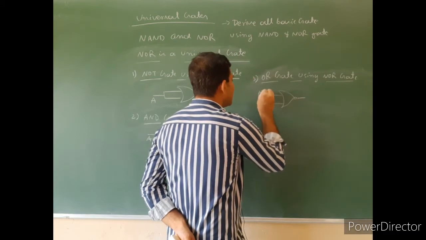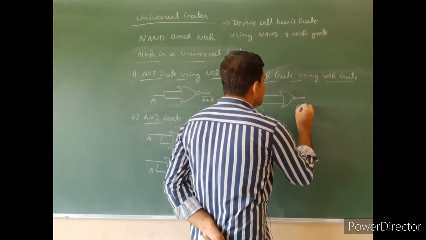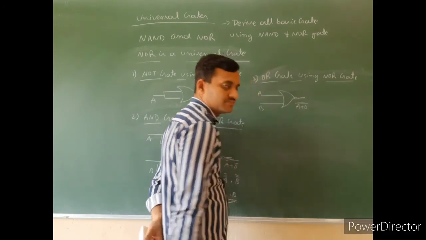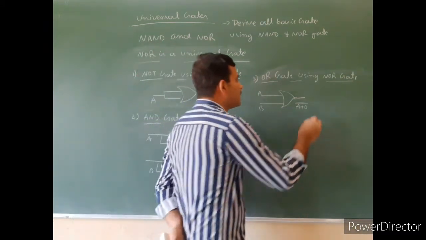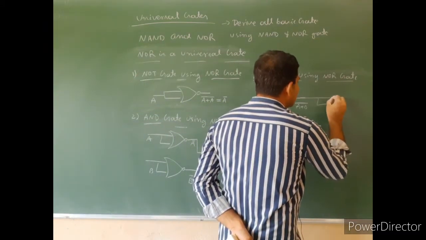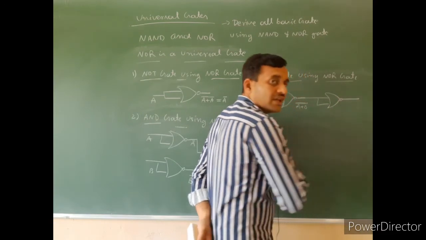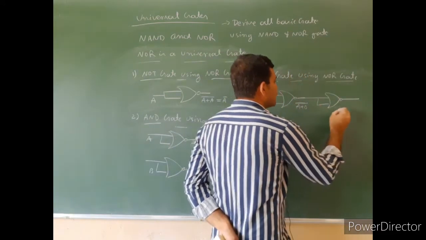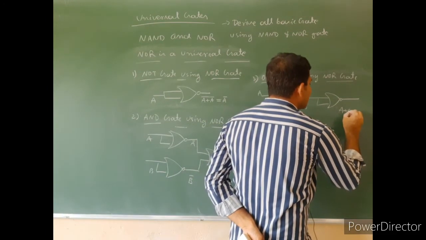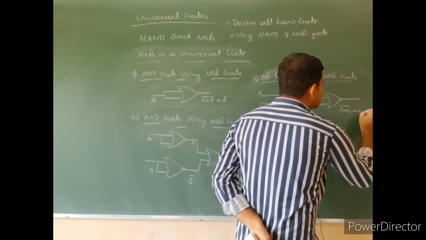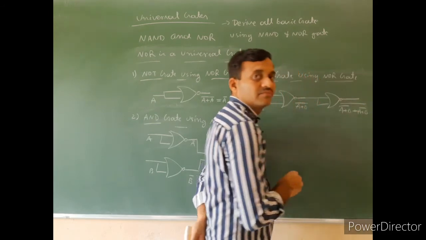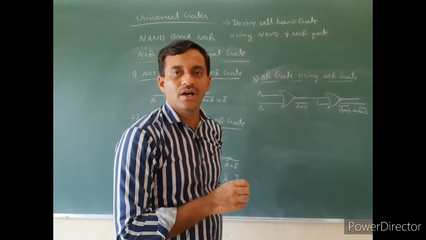If the inputs are A and B, then the output is (A plus B) whole bar. Double complement the NOR gate. What is the output here? If it is (A plus B) whole bar, then the output is ((A plus B) bar plus (A plus B) bar) whole bar. Okay, that is the output.